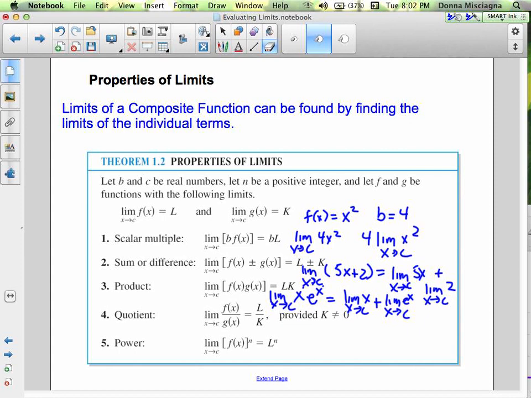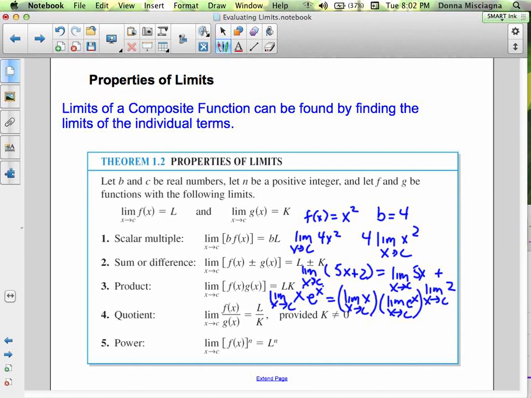That's not x plus e to the x. Thinking of the last example. Times the limit of e to the x as x approaches c. All right, so since I have a product, I can take the limit of the product or the product of the limits. I can do the same thing if it was a quotient.